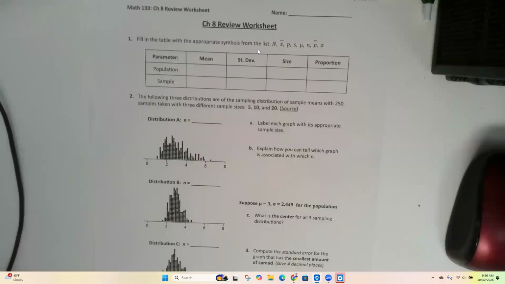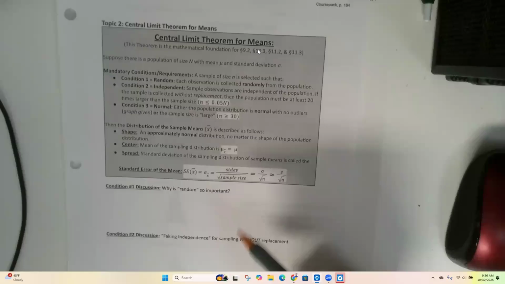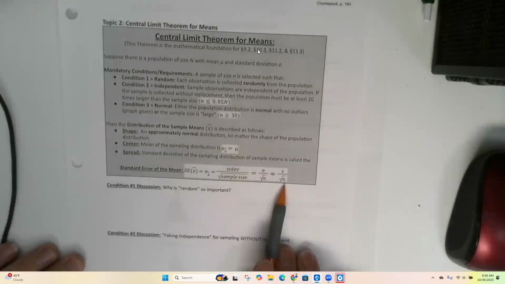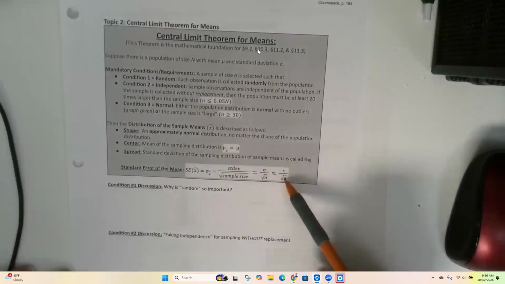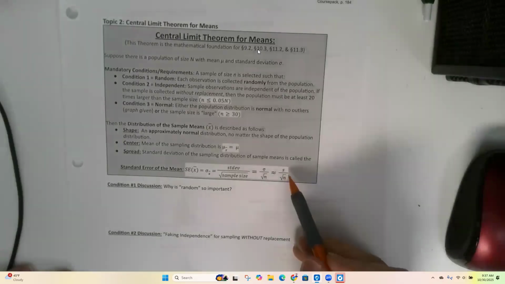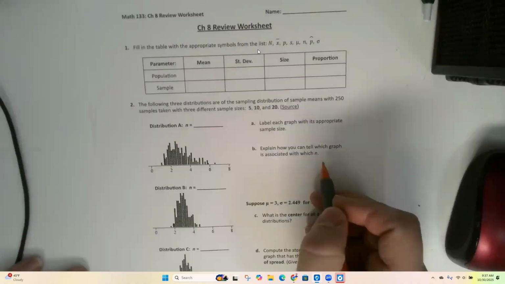So this is for sample means, and you'll remember that the spread of your distribution is going to be this formula here, s divided by the square root of n. So when n is large, it means that your spread is small. So explain how you can tell which graph is which.